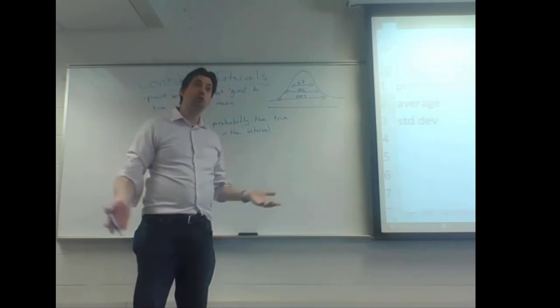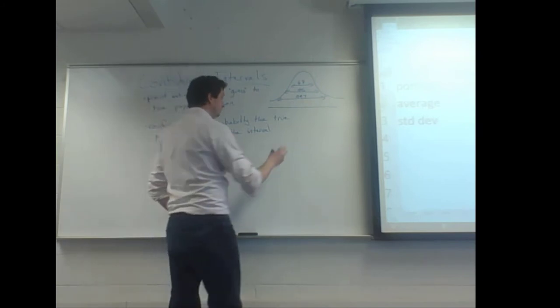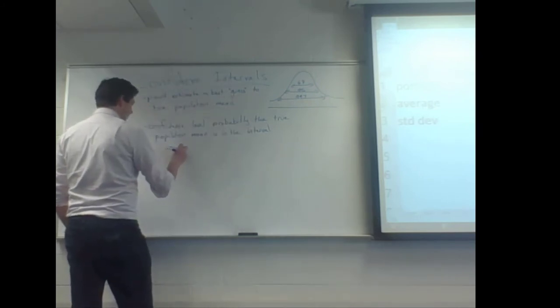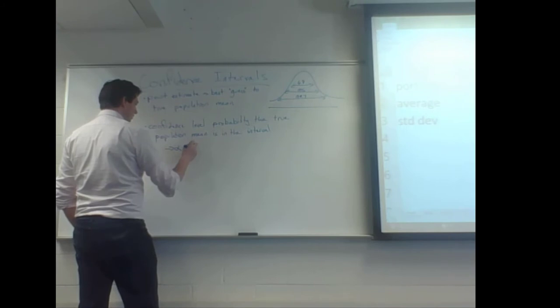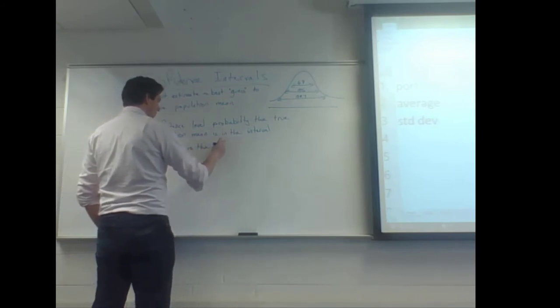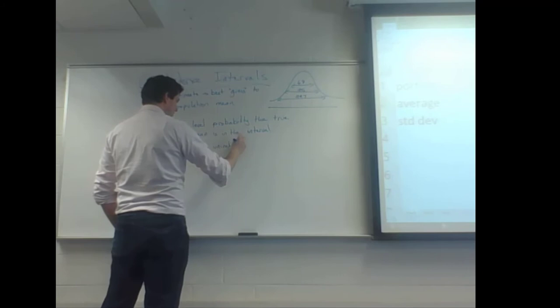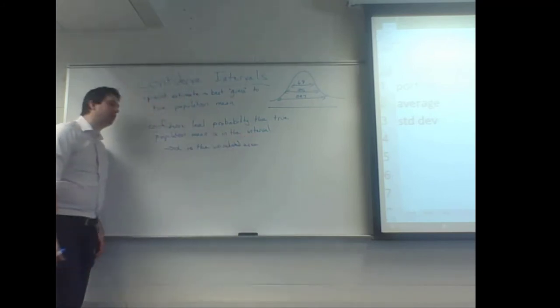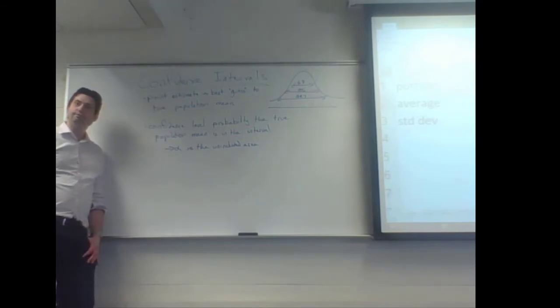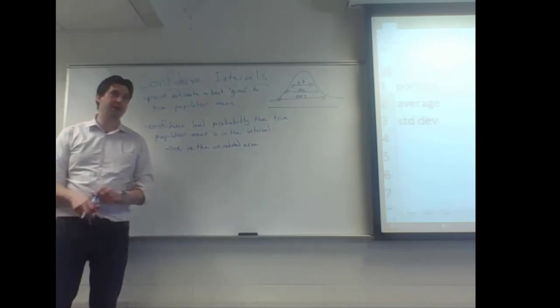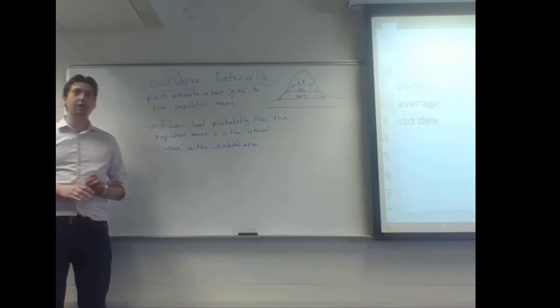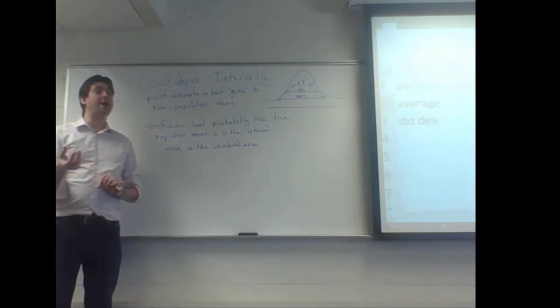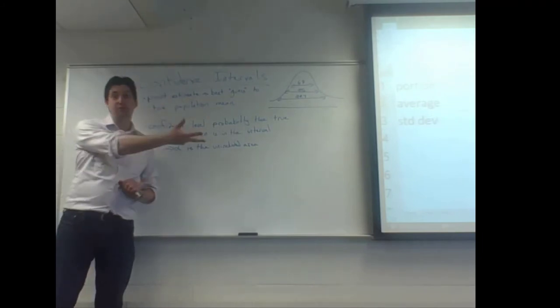The area we do not include is what we call alpha. It's essentially the stuff that we just didn't think would happen. Say I did this study, and I asked 100 people if they had glasses or not. I created a confidence interval, but there is some chance that the true population mean lies outside of that interval.